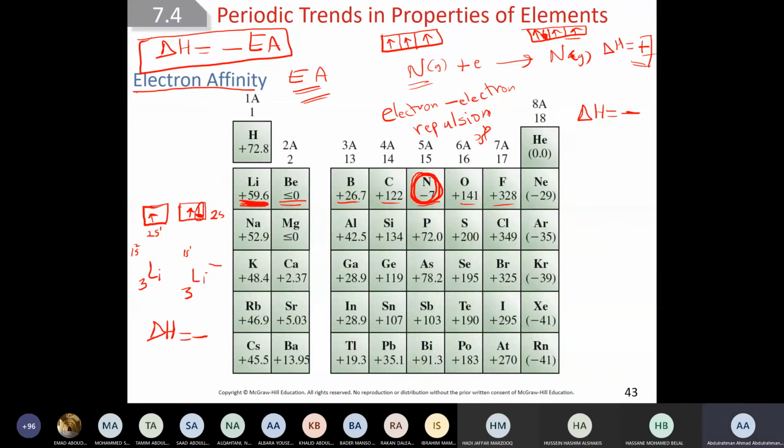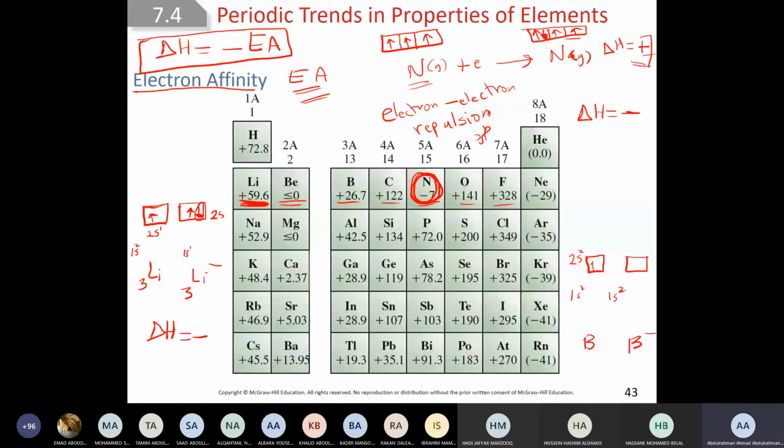While when we go to Be, we have 1s2, 2s2, and so this one is full. When you go to B minus, this means 1s2 and then 2s2 also full.